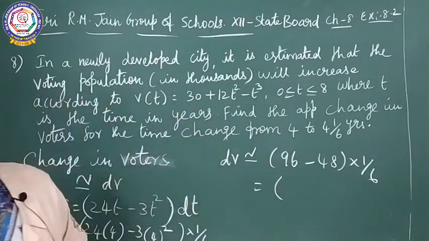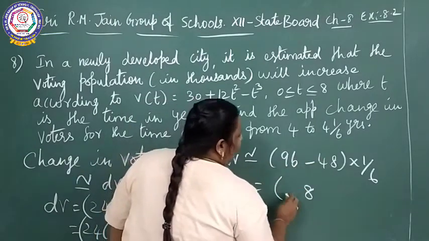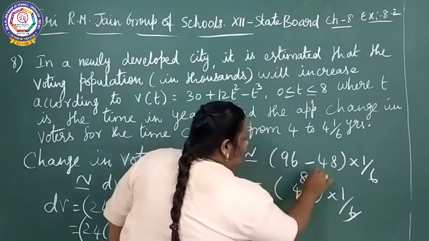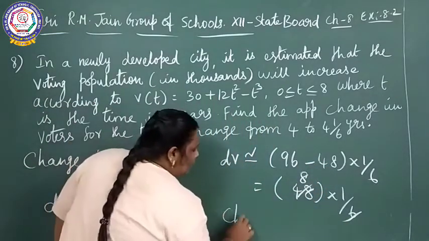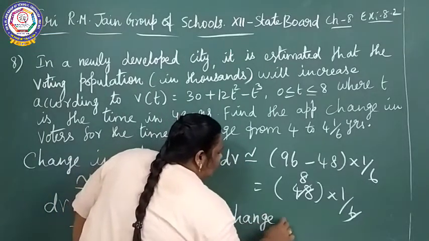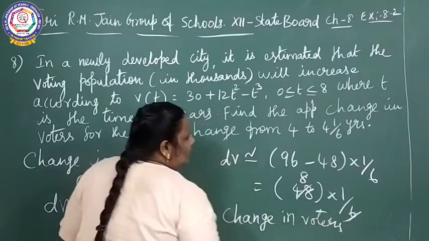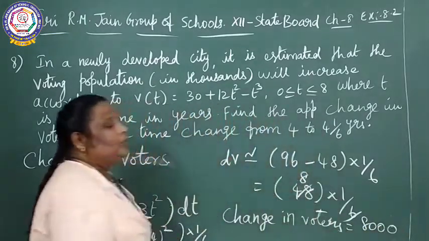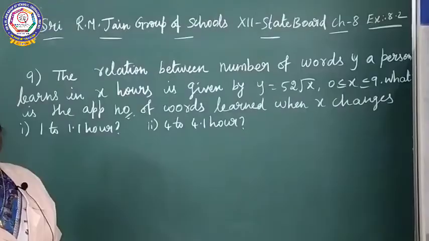That is 48 into 1/6. The change in voters, in thousands, is 8000.